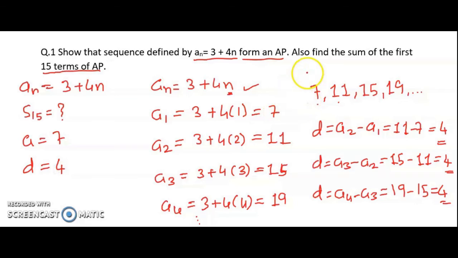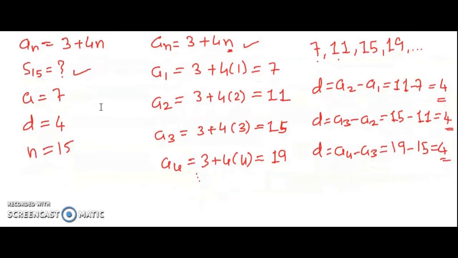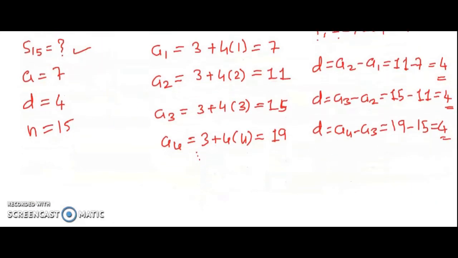Now here we want to find the sum of first 15 terms. It means we take n equal to 15 and find the value of S15. So here we know the formula: Sn equal to n by 2, 2a plus (n minus 1)d.